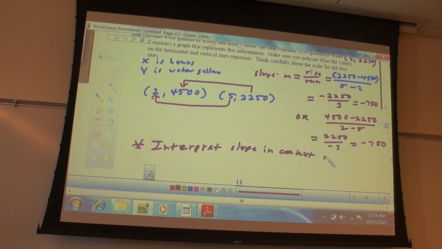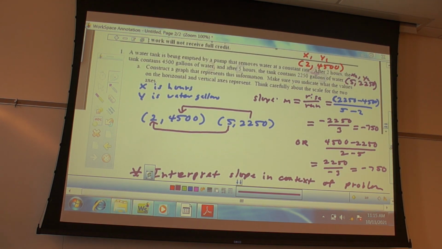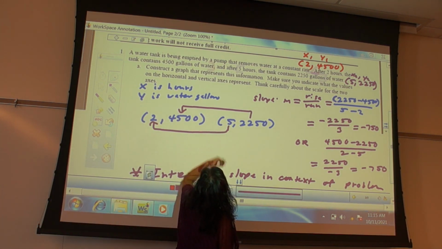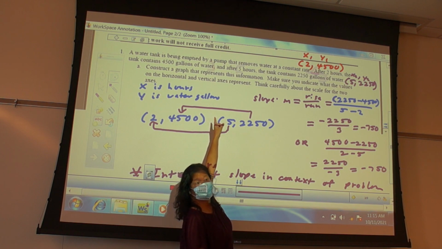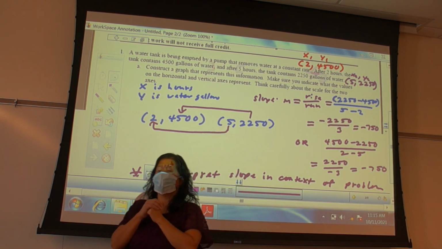If you do that, you'd say, what does this mean, negative 750? Well, what is my y? Gallons of water. What's my x? The average?